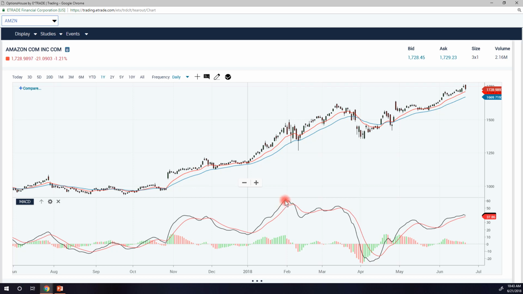So for instance, this point right here, black line, MACD line crossed through its moving average from the high side down, and we would say that that's probably a point where we're going to get into a turn in momentum. We're going to see this starting to fall. And you can see it actually lined up with a little bit of a dip in the stock prices down here. The benefit of that is that you're going to get earlier signals by watching these crossovers as opposed to just looking at the MACD line crossing 0.